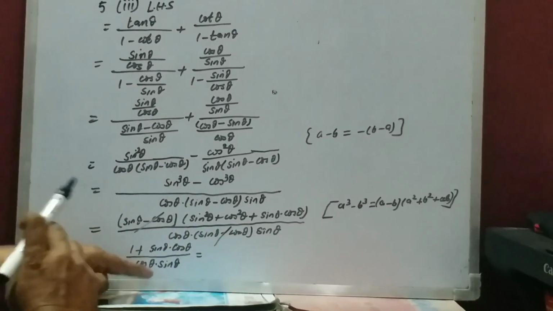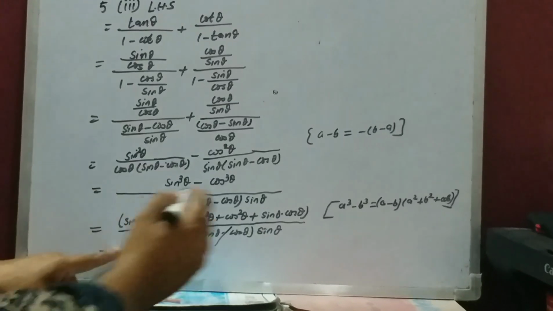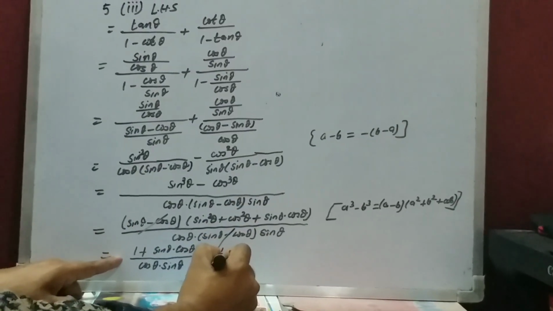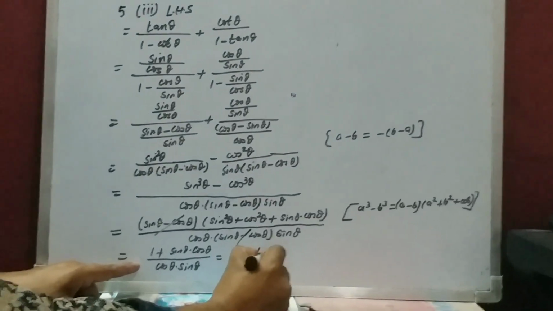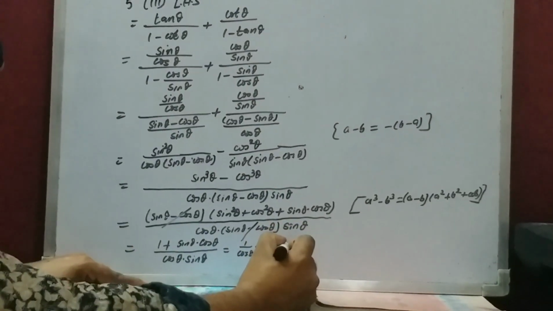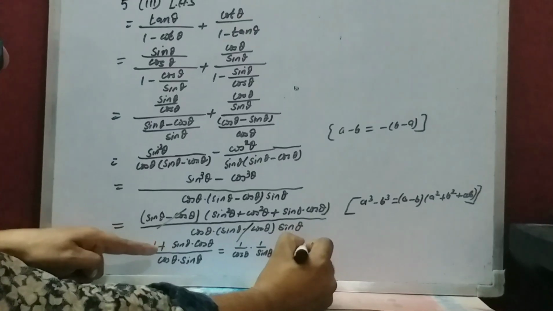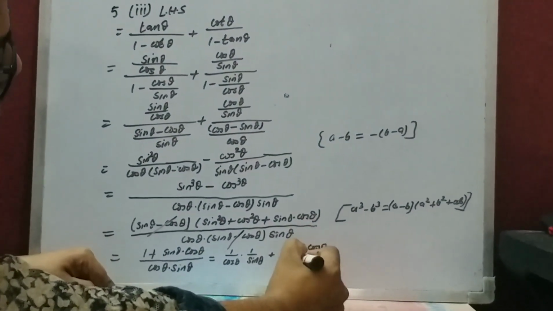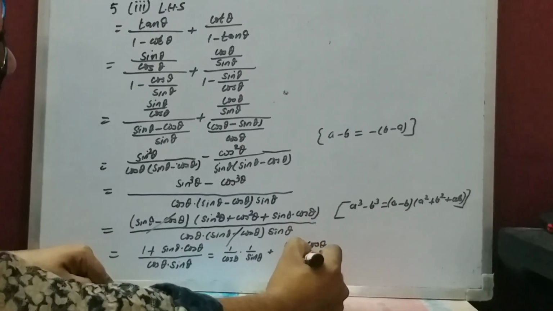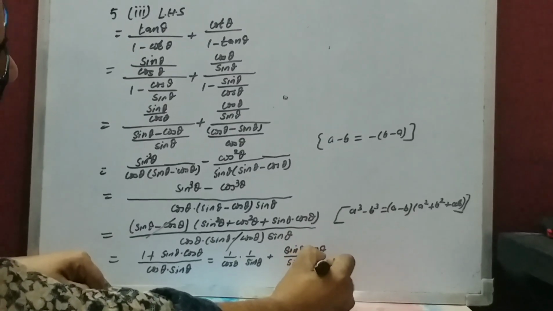Now do the alternate division here. So it becomes 1 by cos theta into 1 by sin theta plus this sin theta into cos theta upon sin theta into cos theta.